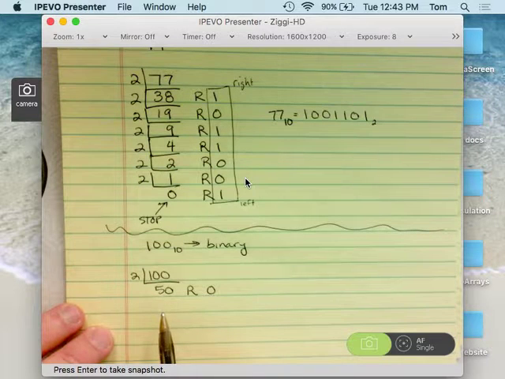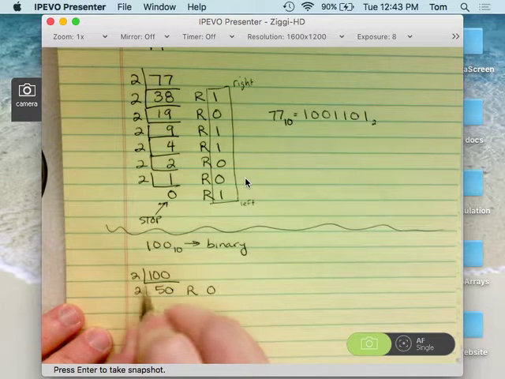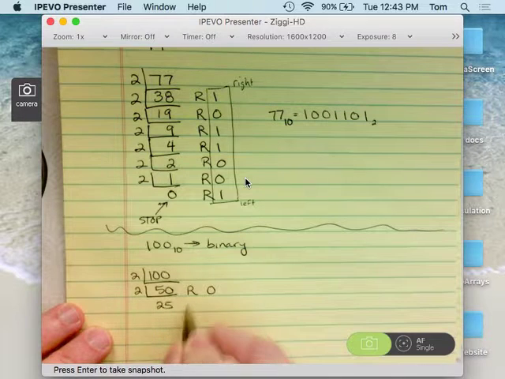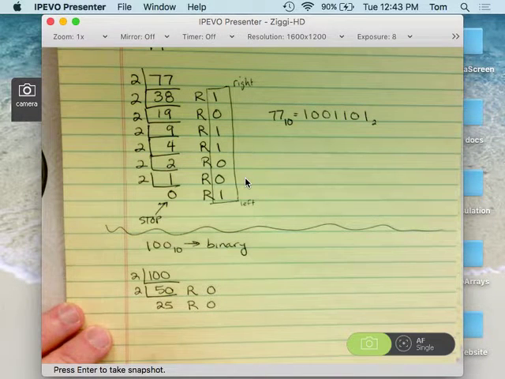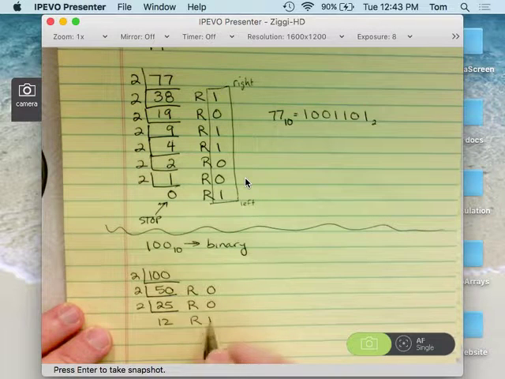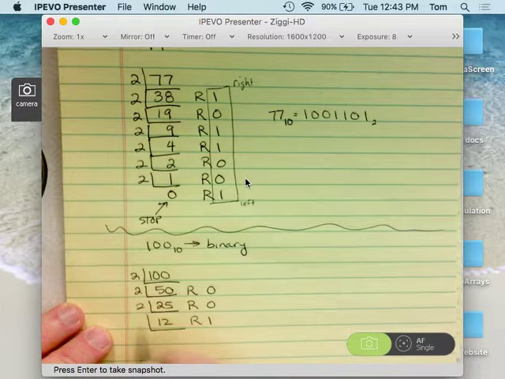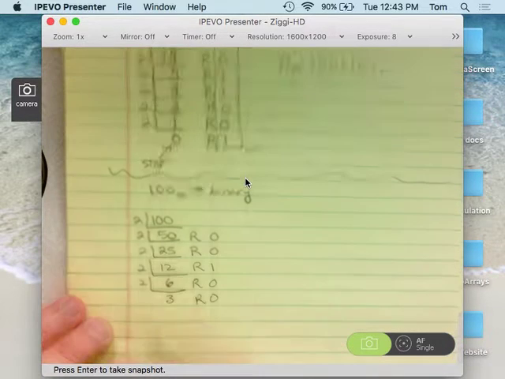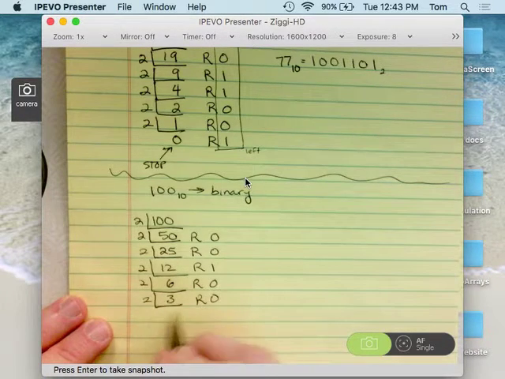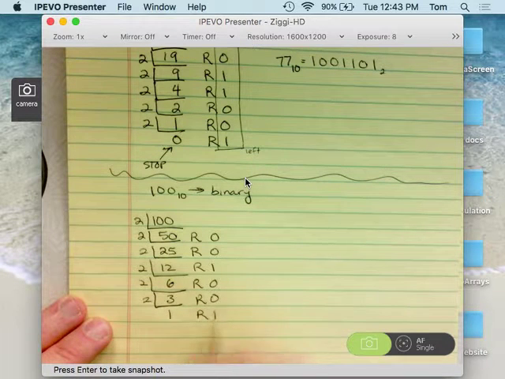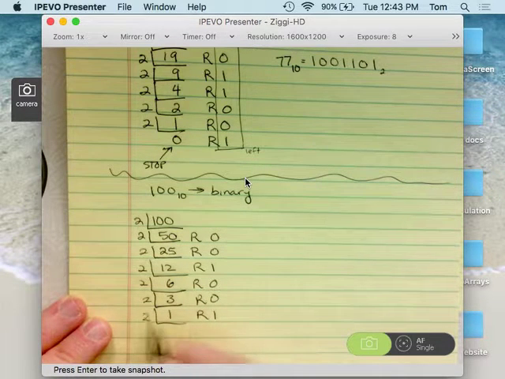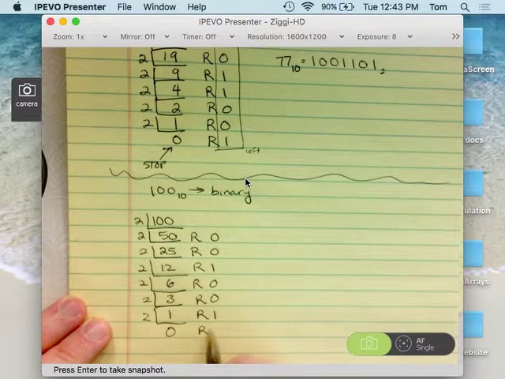Then 2 goes into 50 25 times, remainder 0. 2 goes into 25 12 times, remainder 1. 2 goes into 12 6 times, remainder 0. 2 goes into 6 3 times, remainder 0. 2 goes into 3 1 time, remainder 1. 2 goes into 1 0 times, remainder 1.